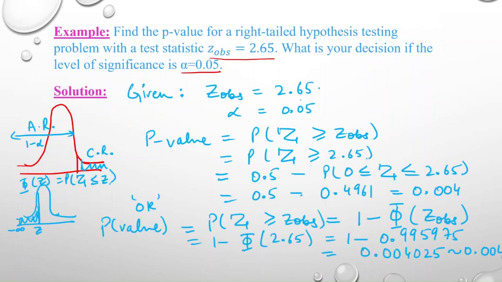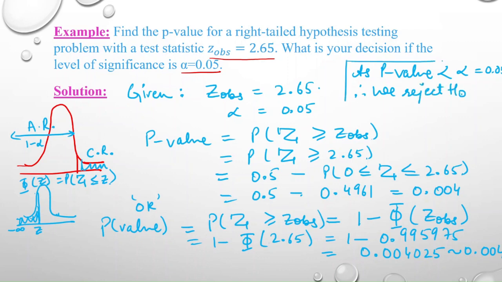In the previous section, the p-value was 0.004. As we could see, the p-value is less than our alpha, which is 0.05. Therefore we reject our H naught. So this is what we have observed.